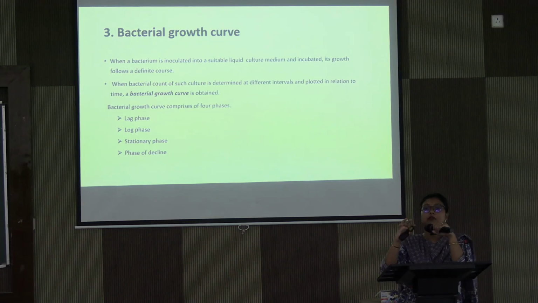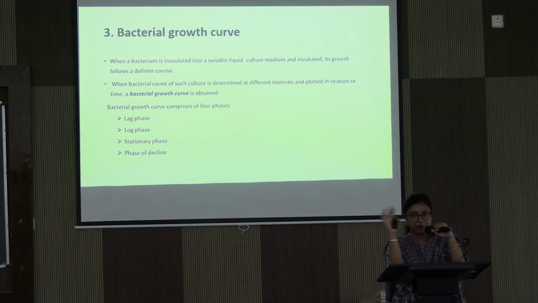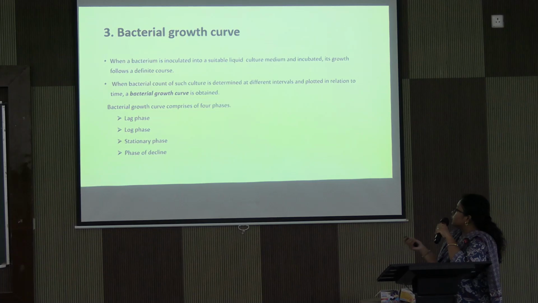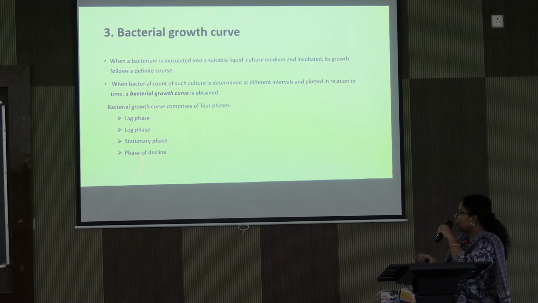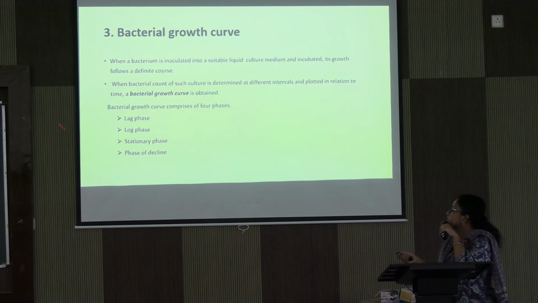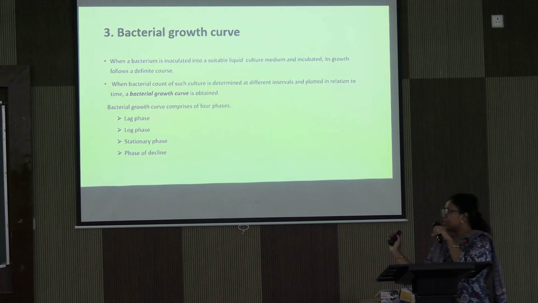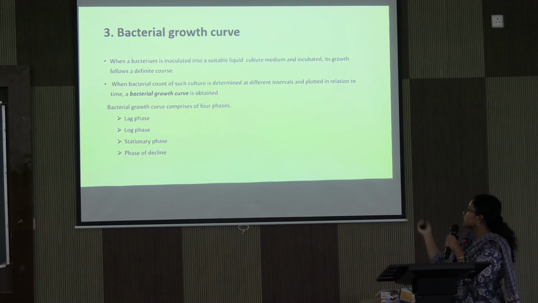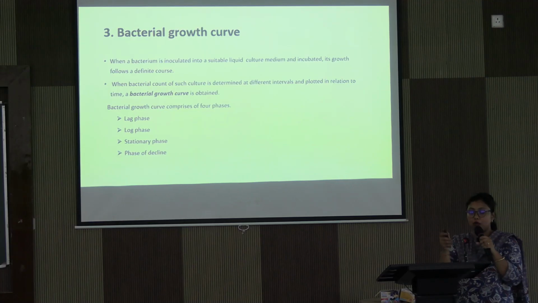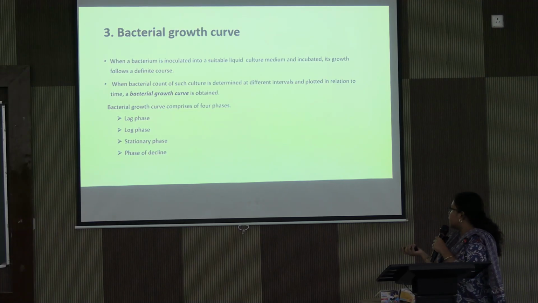First there will be no multiplication, then it will multiply rapidly, then there will be one stationary phase and finally a decline phase. So there are 4 phases of the bacterial growth curve: lag, log, stationary, and finally the phase of decline. It's very easy. You just have to write the definition, how you can observe it, and the names of the phases.